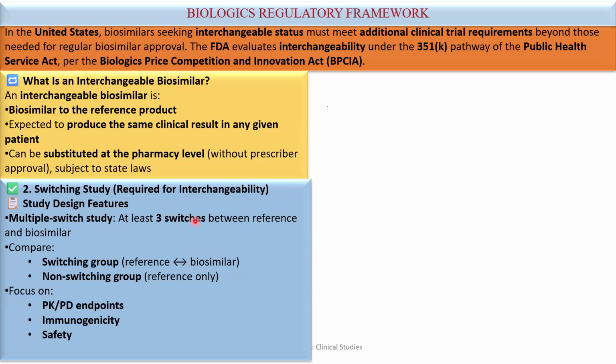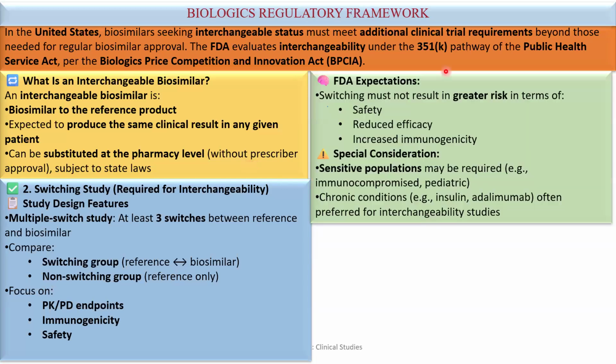Whatever quality data was developed for the biosimilar remains the same for the interchangeable biosimilar also. And preclinical, no changes. Only the additional data will be generated, focusing on PK/PD endpoints, immunogenicity and safety. This is how we'll generate additional data to file the product to increase preferable product usage in the market.